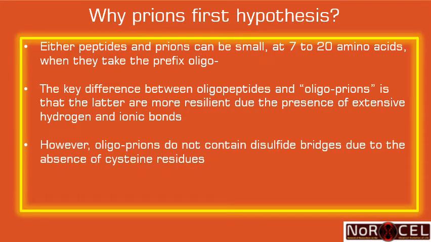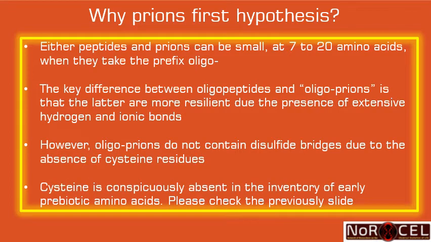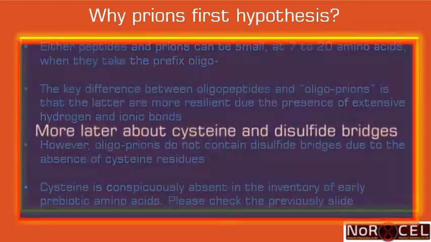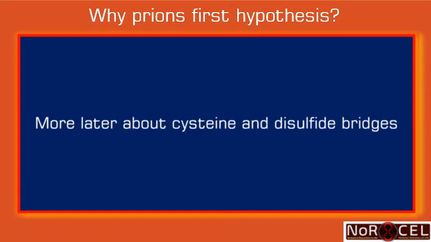However, oligoprions do not contain disulfide bridges due to the absence of cysteine residues. Cysteine is conspicuously absent in the inventory of early prebiotic amino acids. Please check the previous slide. More will be said about cysteine and disulfide bridges.